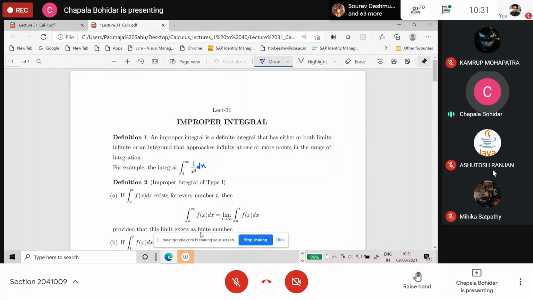Here f(x) dx exists for every number t greater than or equal to a.